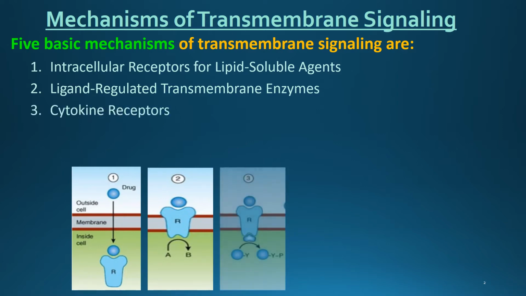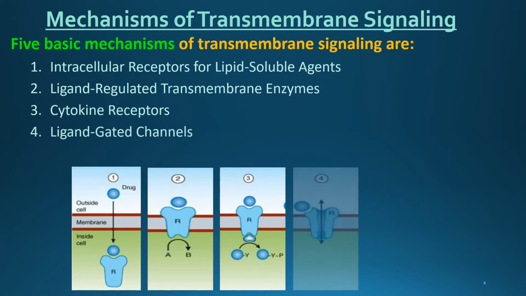Third mechanism is through cytokine receptors, where a transmembrane receptor binds and stimulates a protein tyrosine kinase. Fourth mechanism of signaling is through ligand-gated channels, in which ligand-gated transmembrane ion channels can be induced to open or closed by binding of a ligand.